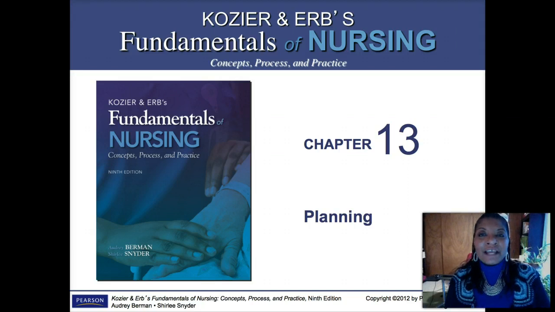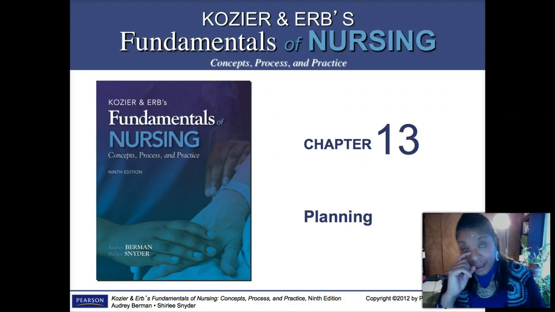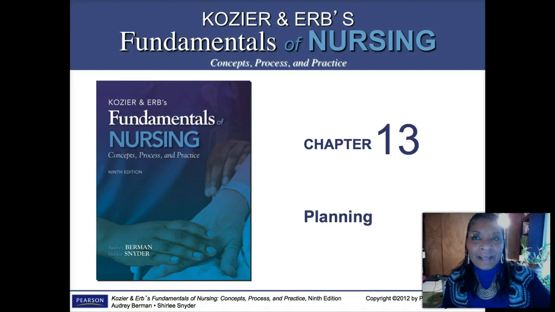For example, if a patient has a stroke and they have weakness on the right side, but they're left-handed, that's good. Even though they have the right-sided weakness, they won't have to do so much adjustment to feed themselves because they were already left-handed. That's a strength.